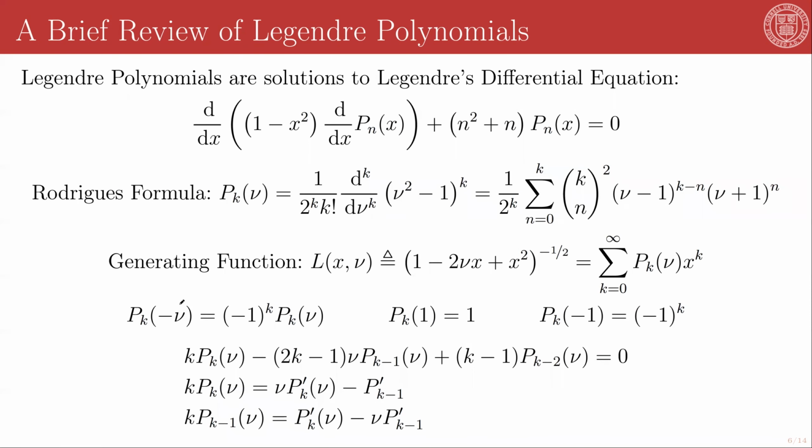From this generating function, we can find that the kth Legendre polynomial of argument negative ν is equivalent to the kth Legendre polynomial of that same argument positive ν times (-1)^k. If we're generating these recursively, then the starting point for all Legendre polynomials, P_k(1), is 1, and so P_k(-1) is (-1)^k by this formula.